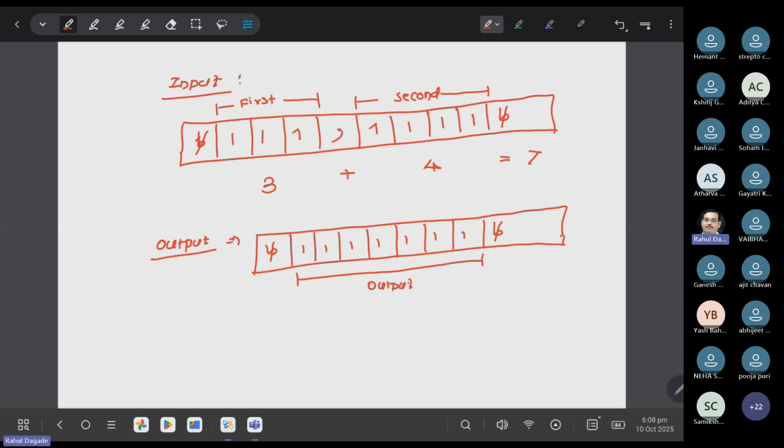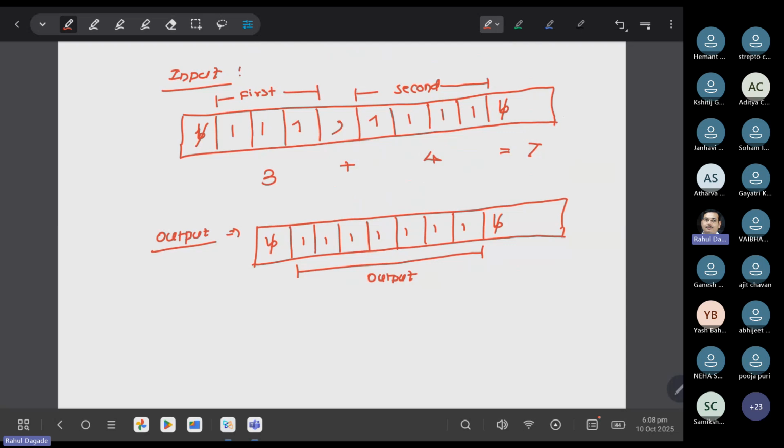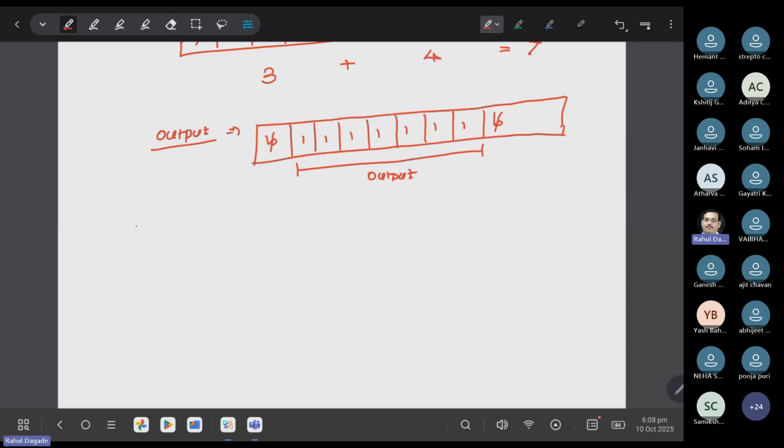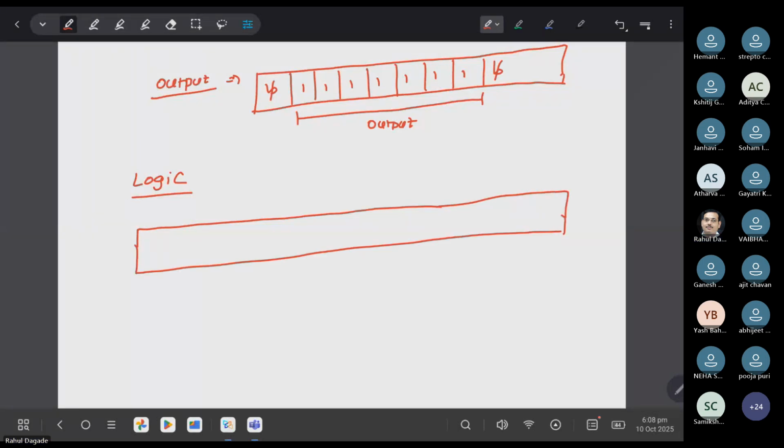Okay, now what logic is to be used for this addition? Let us see a logic. Let us take an input on tape, some small number as input.